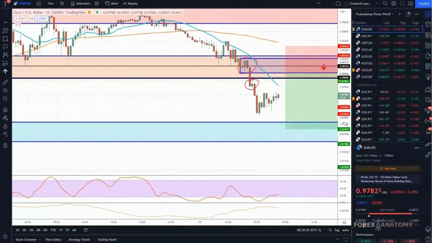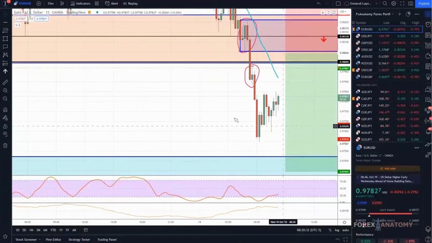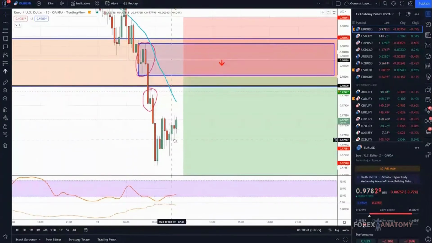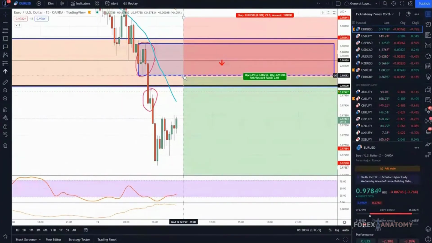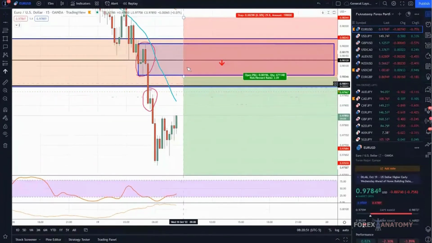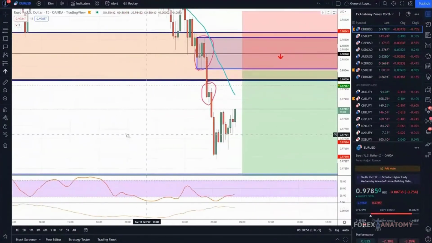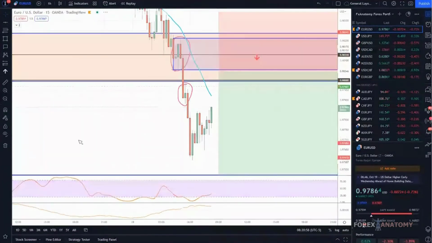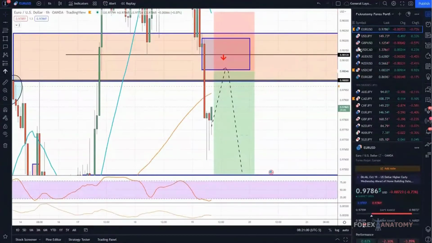We see that price looks like it wants to bottom, but we have this first area of supply, not the first one, but the second one is where we think price will go to. Sometimes it barely misses it, sometimes it hits it and doesn't execute the order, and sometimes it gives us a nice clean follow through. But we'll see. We have our alert right here. Let's go back to the 1 hour. Let's go to the Pound USD and see how that's looking.